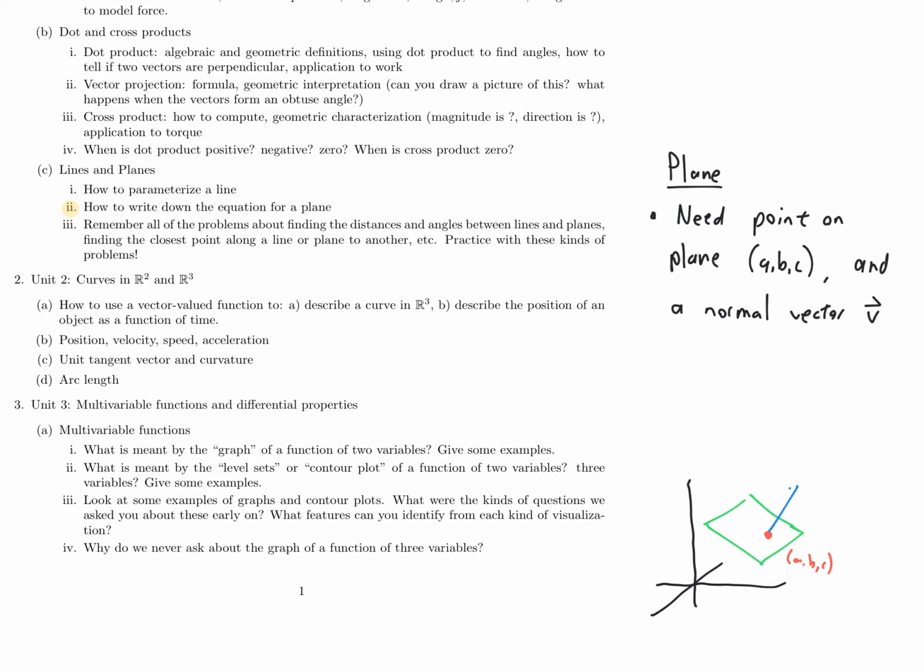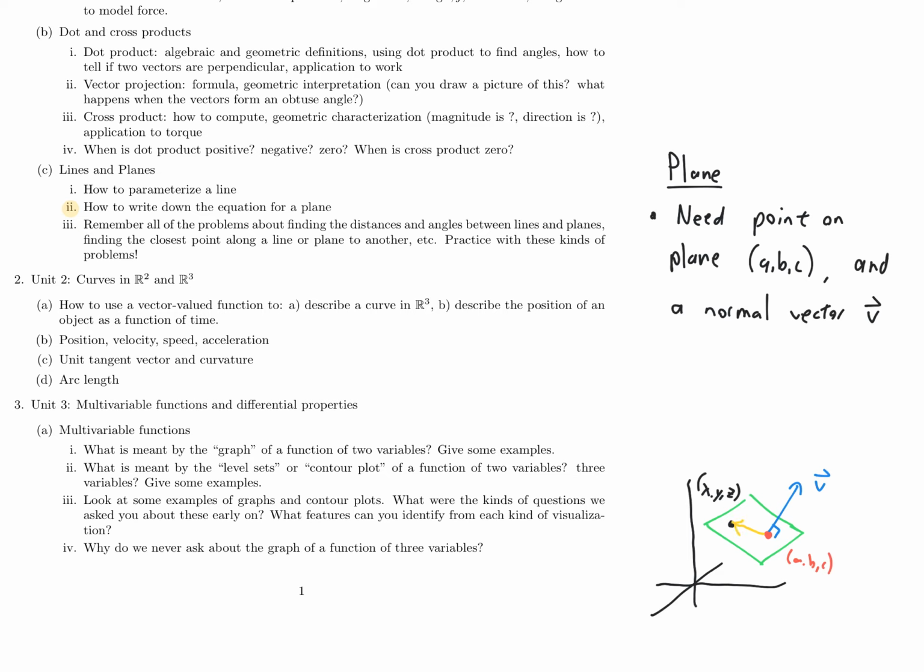We'll know a vector V that's supposed to be perpendicular to the plane. And if I have any other point XYZ that is on the plane, then there are 2 vectors that are orthogonal to each other. V is orthogonal to this vector from ABC to XYZ.